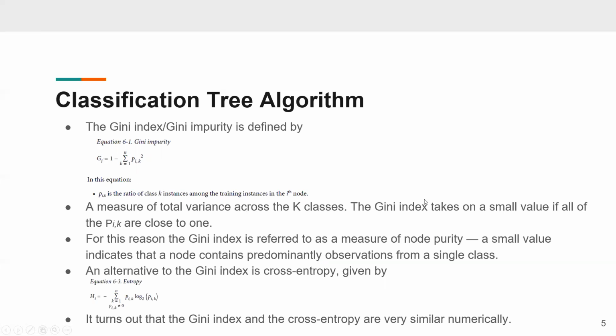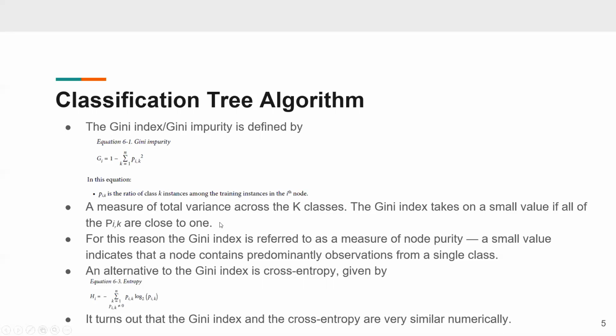So what happens? It is a measure of total variance across the K classes. The Gini index takes on a small value if all of the p_i,k are close to 1 or 0.